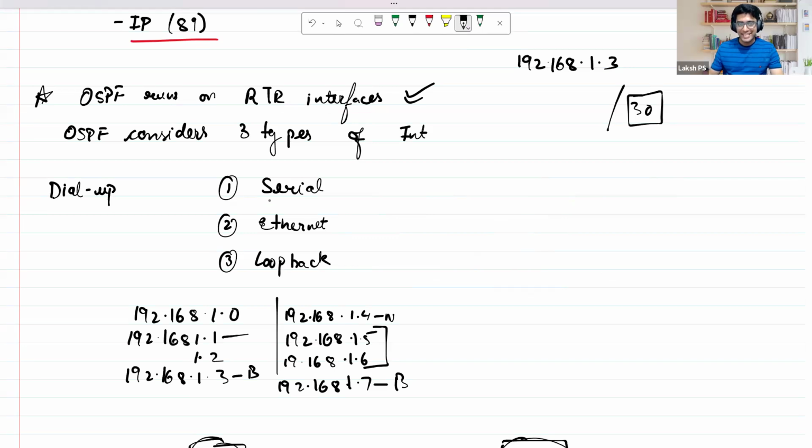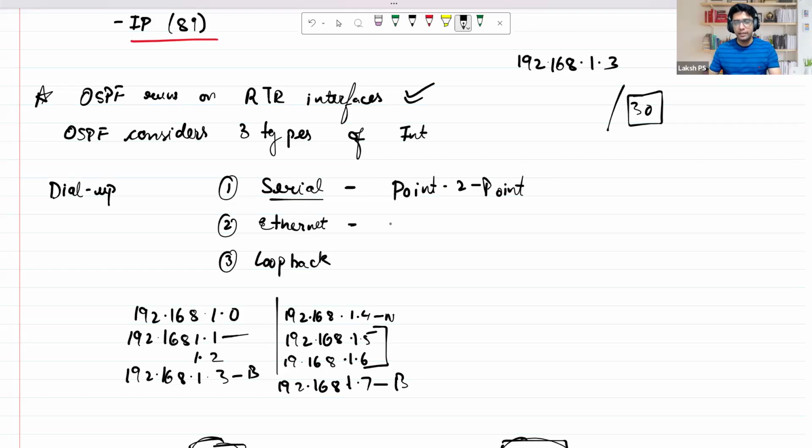In OSPF terms, OSPF considers a serial interface as a point-to-point interface. We also discussed that a serial interface is generally thought of as a point-to-point interface, and OSPF also looks at it that way.